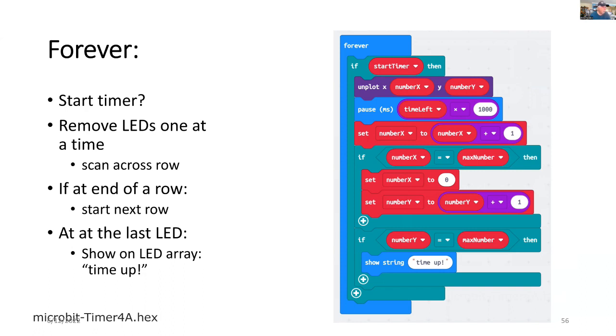We then pause, then increase the number on our row. If we're at the maximum number, we jump to the next row. And at the maximum number of LEDs, we've reached the time up.